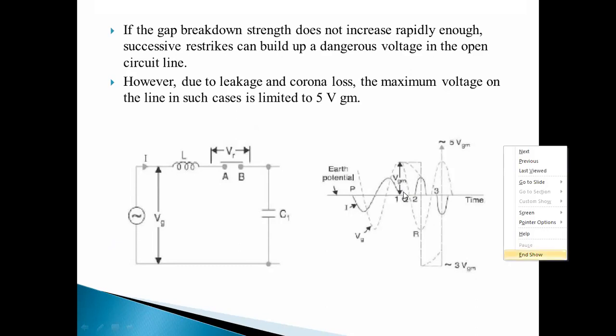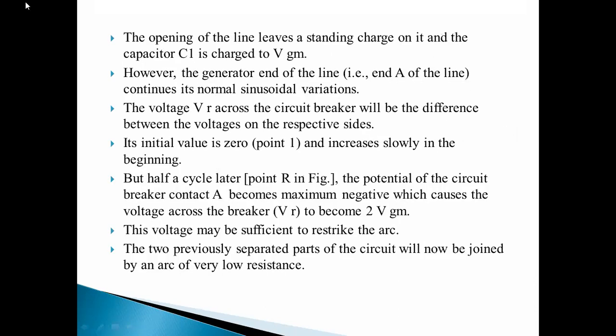Then the opening of the line leaves a standing charge on it, and the capacitor C1 is charged to VGM. Okay, means what happens? When the current is zero, at that time your generator voltage becomes maximum, that is VGM.